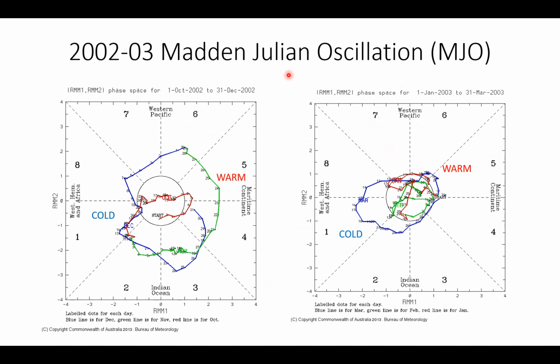If we look at the archive from the Bureau of Meteorology in Australia, from their website, we looked at the MJO, the Madden Julian oscillation, for the winter of 2002-2003. Over here on the left is the MJO phase diagram for the months of October through December 2002. My main focus is the December time period, indicated in the blue color.